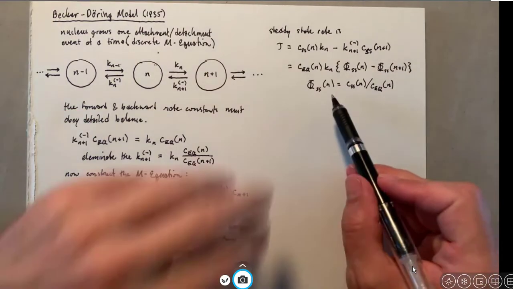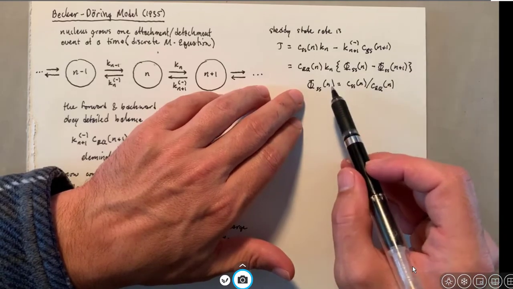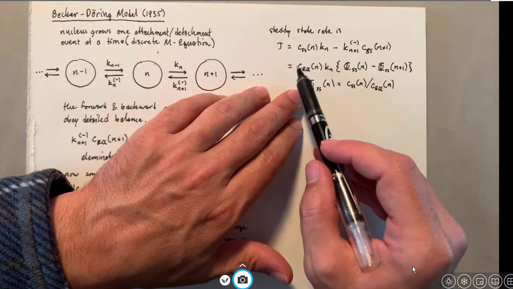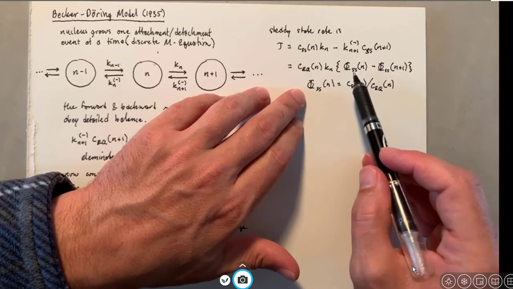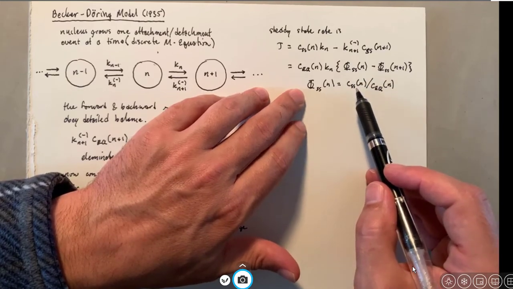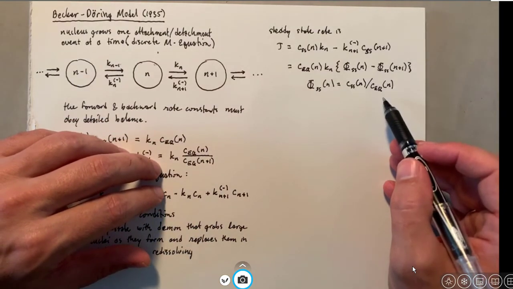Now, it may take some scratching your head and going back and checking this, but basically what we've done is write our steady state flux in terms of equilibrium probabilities and transition rates multiplied by the difference of this phi function. And phi is telling you about the ratio of steady state to equilibrium population. This is somewhat like Fick's law if you look at this expression.